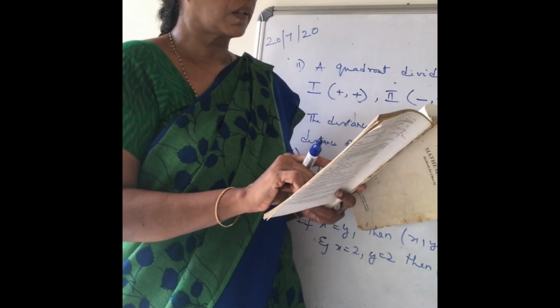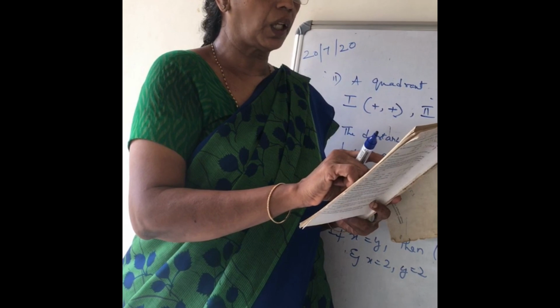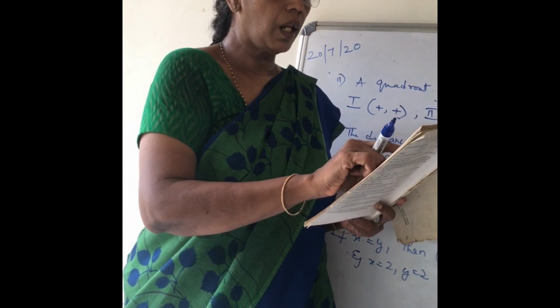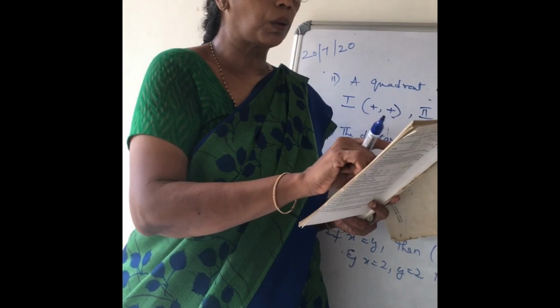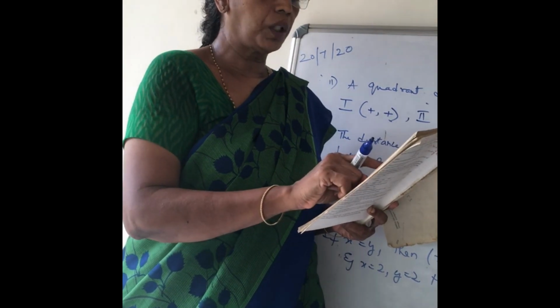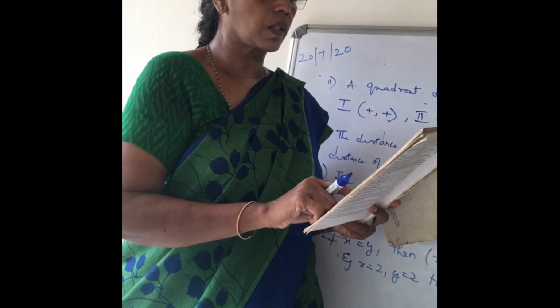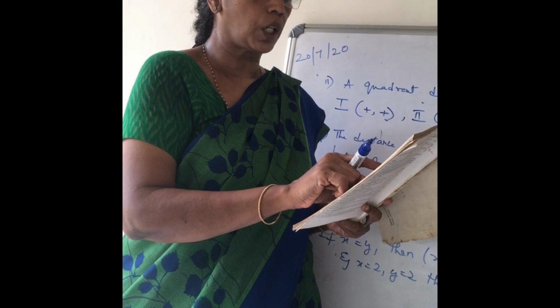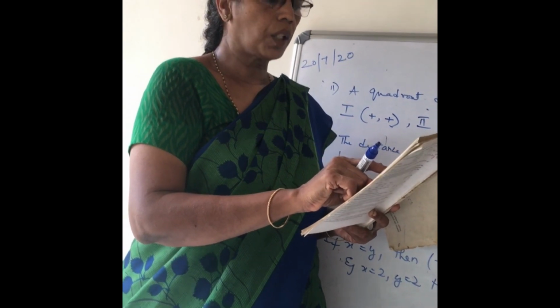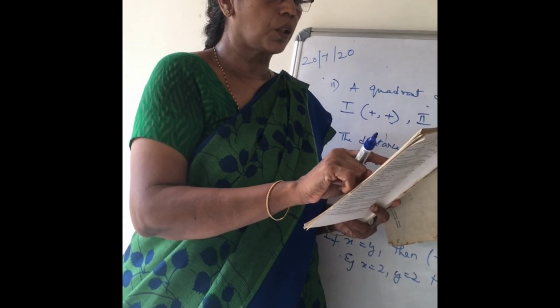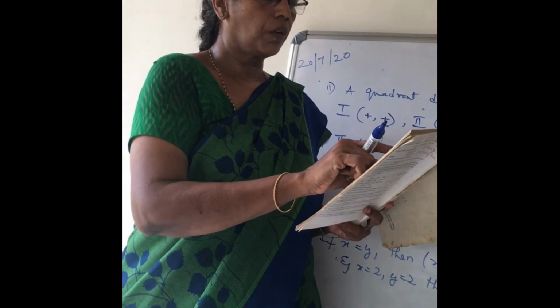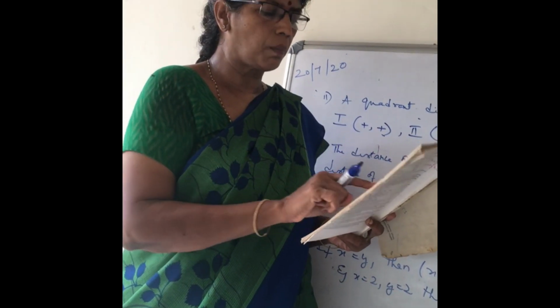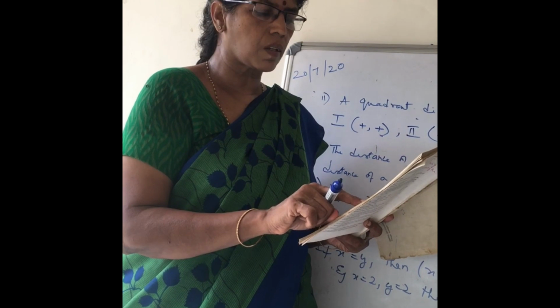Coordinates of the point L. L lies where, children? On y-axis. The point L lies on y-axis. So x is equal to 0. And the coordinates of the point L are 0, 5. The coordinates of the point M. M is lying on which axis?